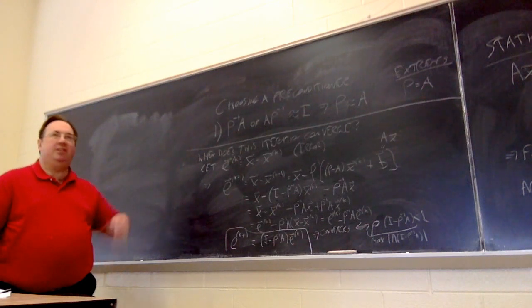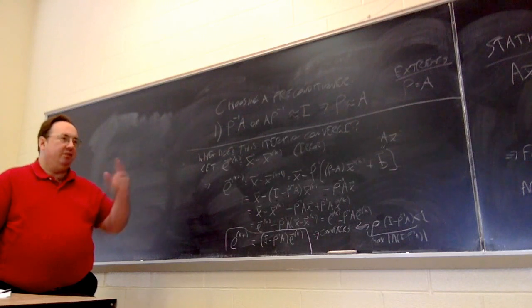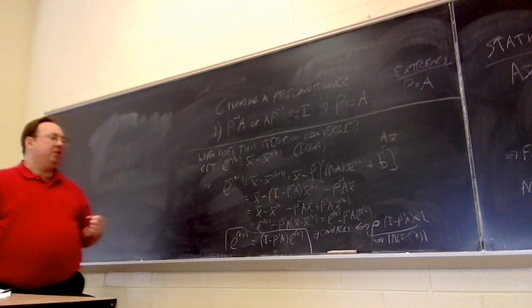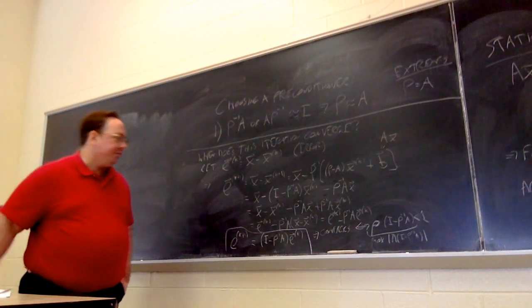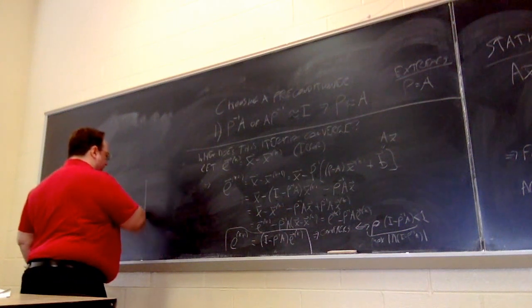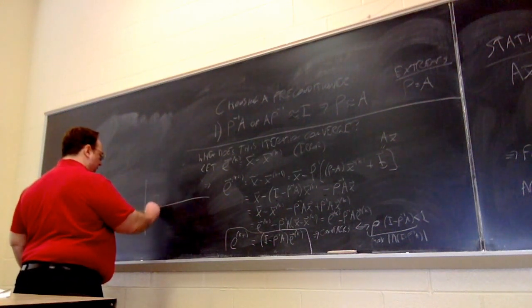So in other words, if you have a disk in the complex plane centered at 1, with radius 1, all the eigenvalues of P inverse A must fall within that disk. So you have a situation like this. This is your complex plane. Here's 1.